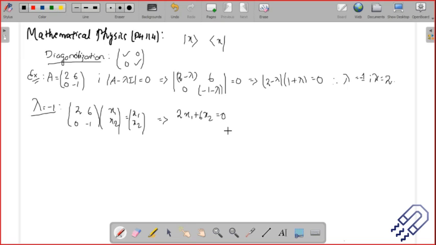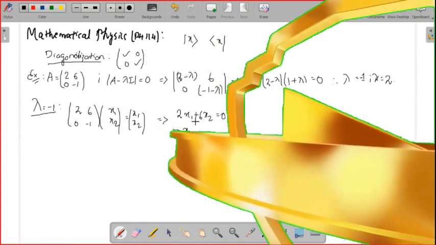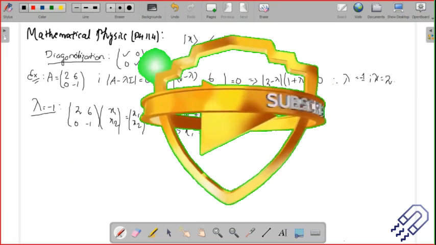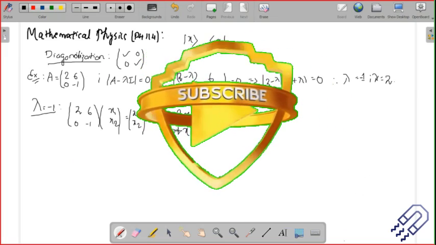So if we solve it, x1 is equal to... am I doing it correctly? Yeah, seems okay.